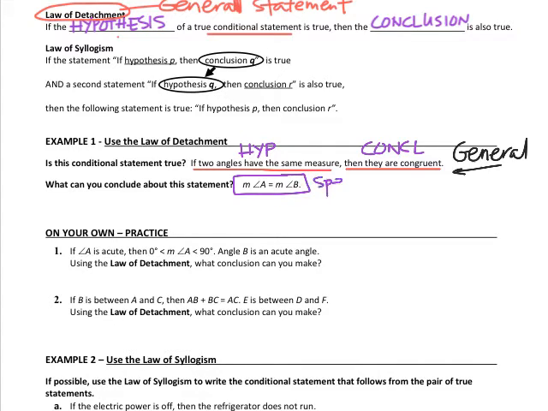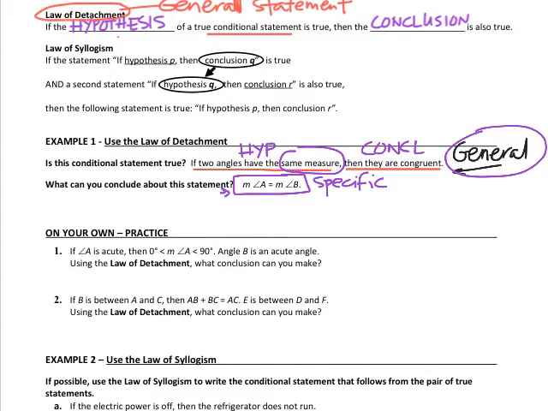So this is our specific scenario, and we have to use our general statement to make a decision or conclusion about this statement. The measure of angle A equals the measure of angle B. Well, from our general statement, it says if two angles have the same measure, then they are congruent.